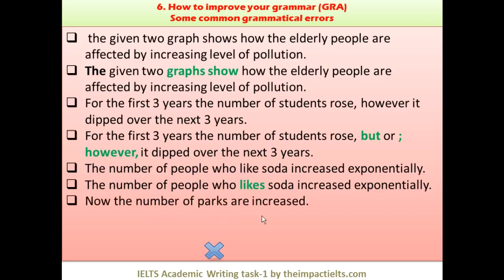Now, the number of parks are increased. Right, well, it sounds okay. Let's see what's the mistake here. The number of parks is fine, but we cannot say are increased because this is a passive voice, and when we talk about any development, we have to say has been increased.